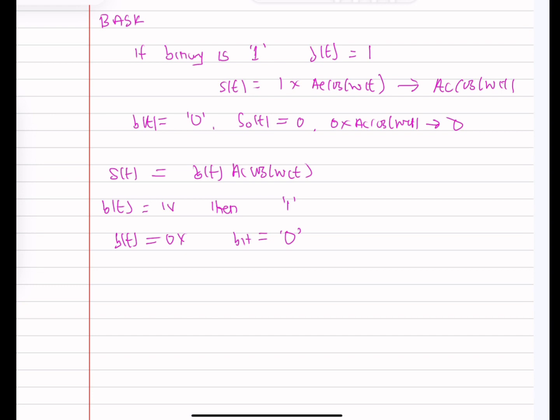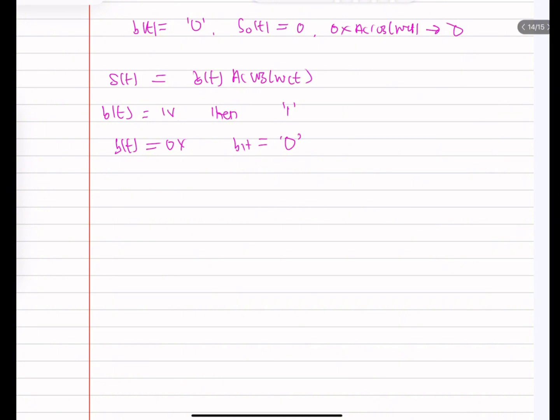So looking at the block diagram for the detection of BASK, basically what we do is that, as we did in analog modulation, we pass the modulated signal through a modulator. And because we are doing a synchronous demodulation or detection, we use the same carrier wave to detect it.